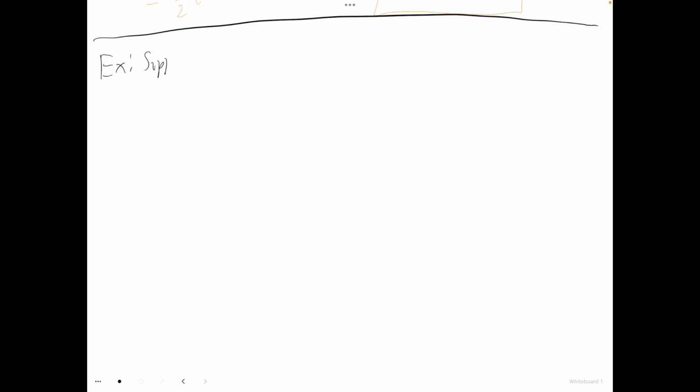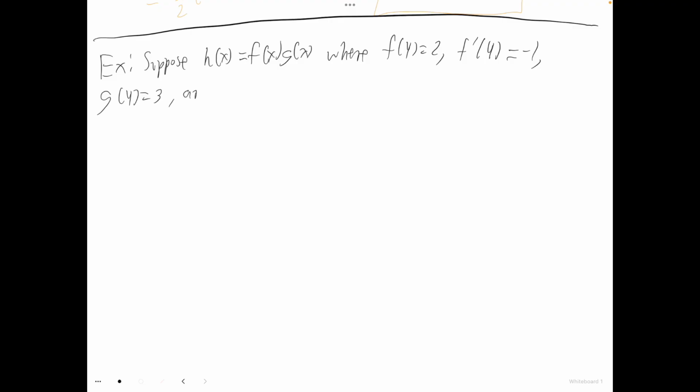So we're going to suppose h of x equals f of x times g of x, where f of 4 is 2, f prime of 4 is minus 1, g of 4 is 3, and g prime of 4 is 2.